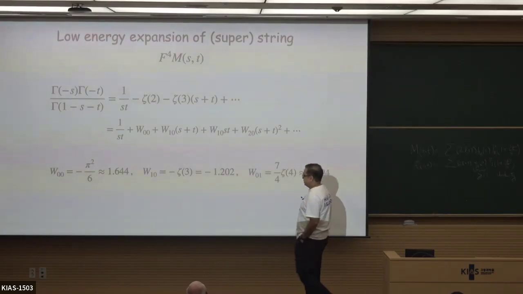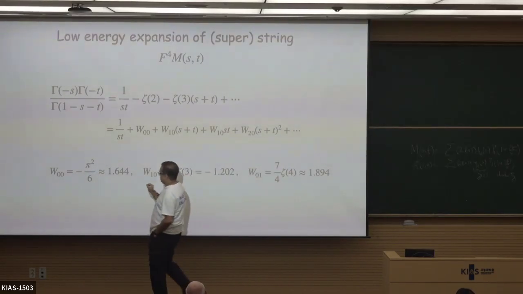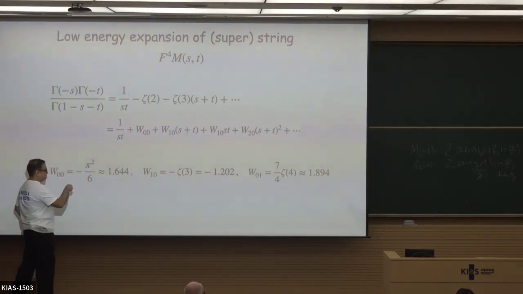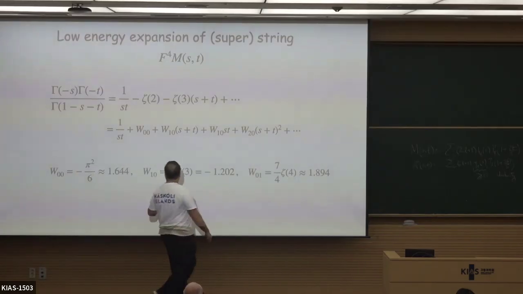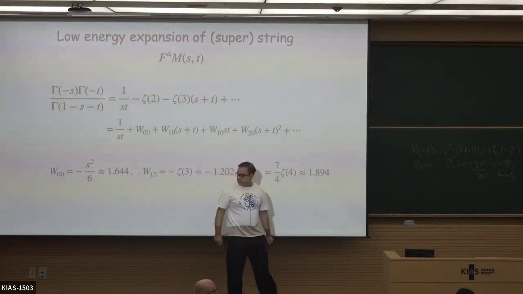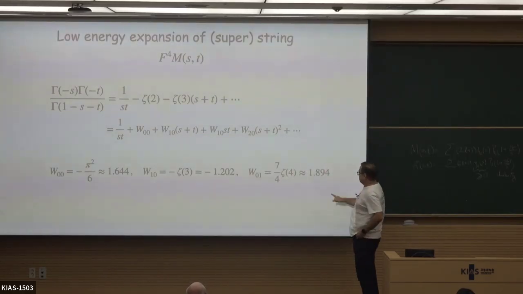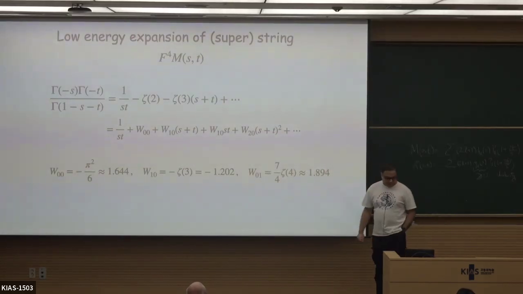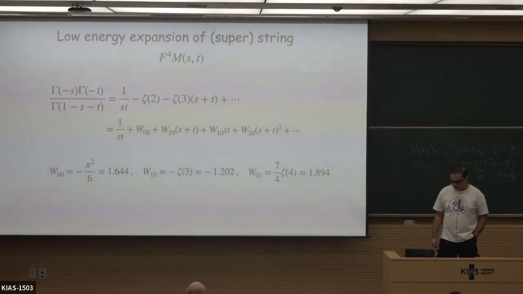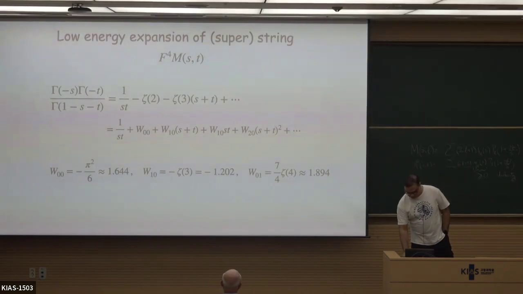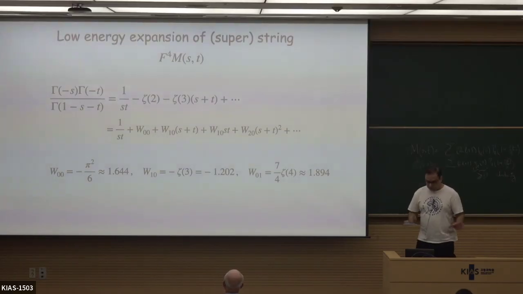And so the numbers that you need to remember is that this constant W00 is roughly 1.6, and W10 is minus 1.2, and W01 is 1.89. So this is the data that you should keep in mind, and if you don't remember, don't worry.